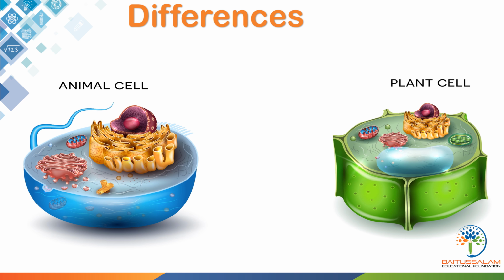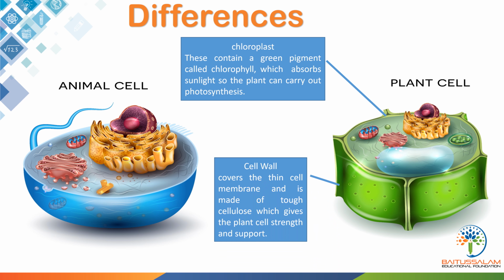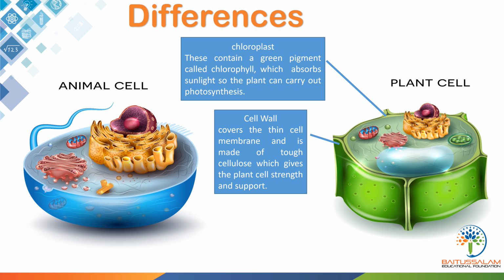Differences. Chloroplast: these contain a green pigment called chlorophyll, which absorbs sunlight so the plant can carry out photosynthesis. Cell wall: covers the thin cell membrane and is made of tough cellulose which gives the plant cell strength and support.